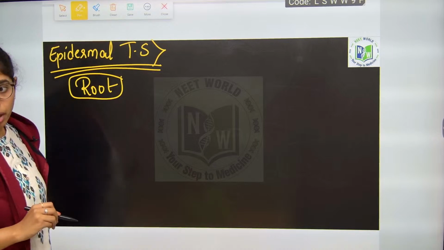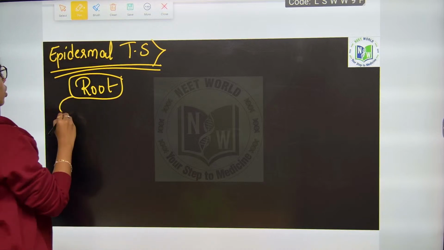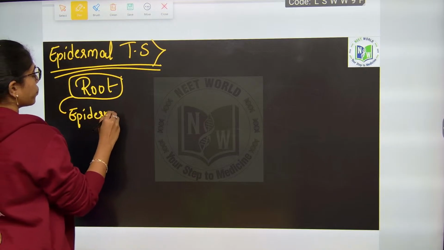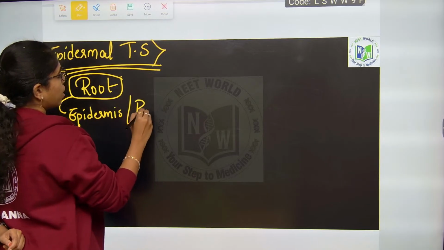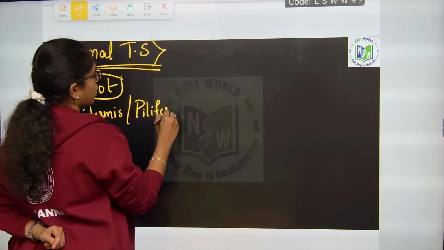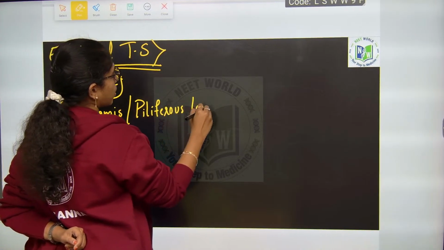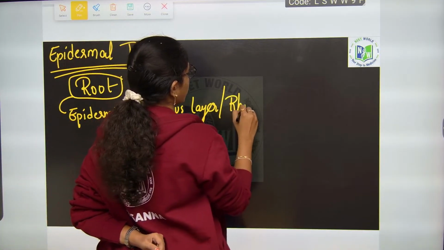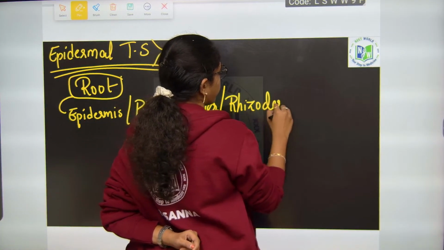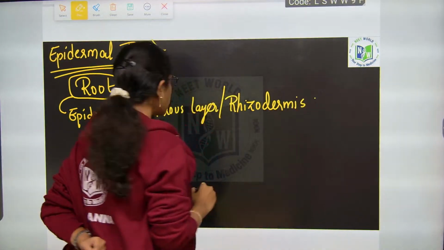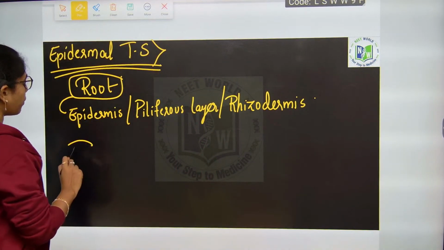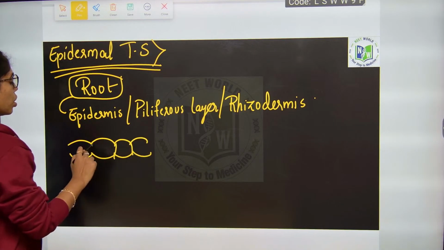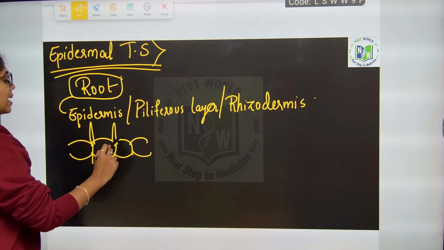So root epidermis is also called as piliferous layer or rhizodermis, because the epidermis will be possessing unicellular projections called as root hairs.